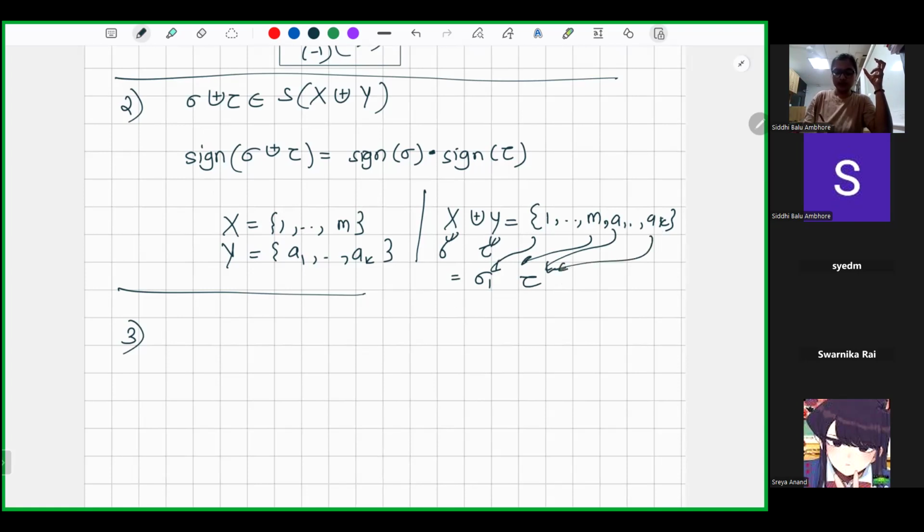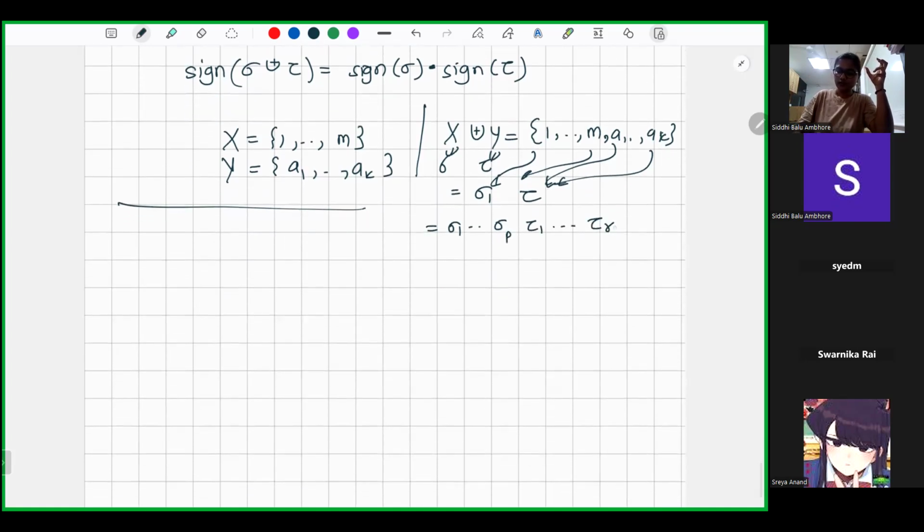And so whatever the signature of sigma here, whatever transpositions we are writing, sigma 1 to sigma P, suppose, and tau will be tau 1 to some tau R. And so the individual signature is still preserved. That's what I'm trying to say here.